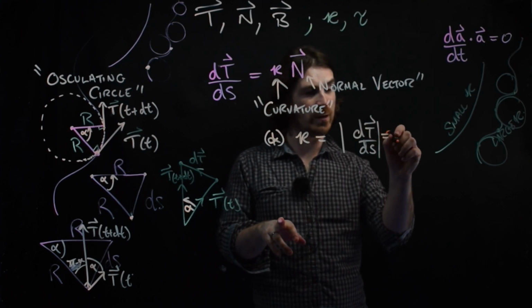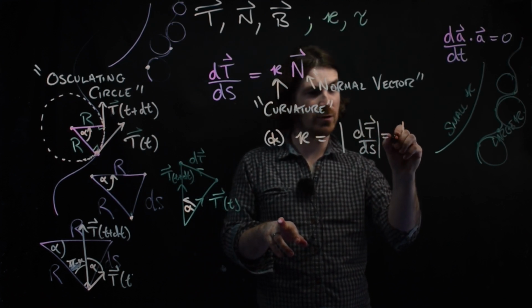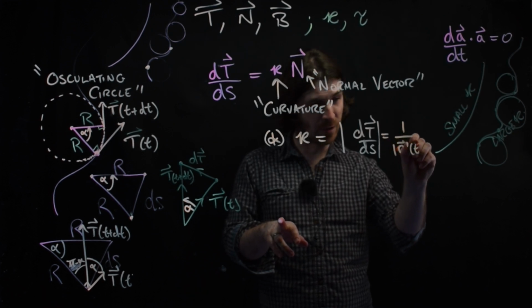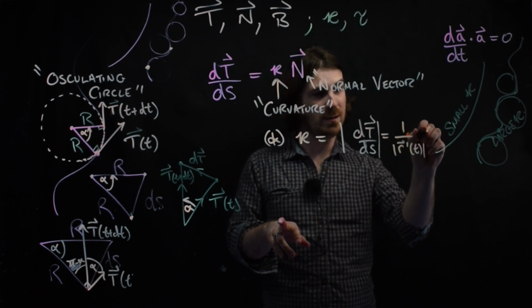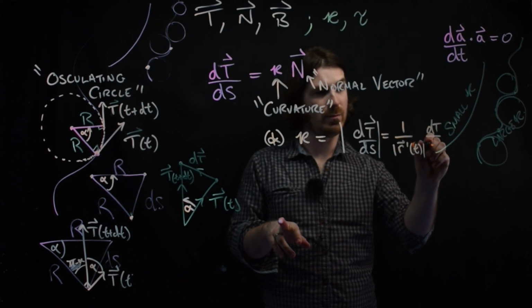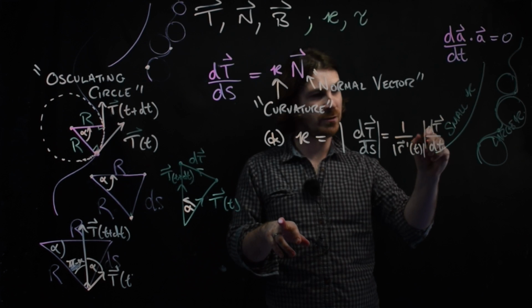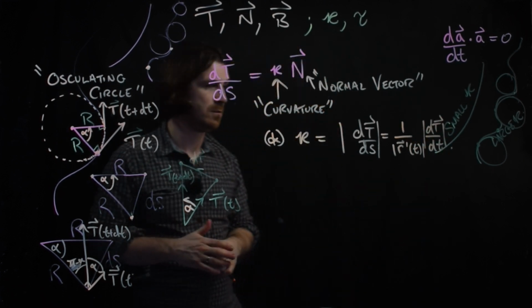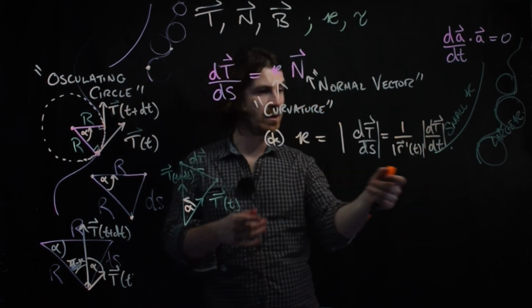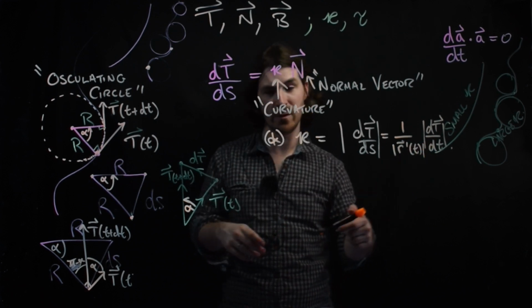And we know that we can write this as 1 over the magnitude of the derivative of r with respect to t, dT/dt, magnitude. So if we're going to calculate the curvature, then this is the working formula that we can use.